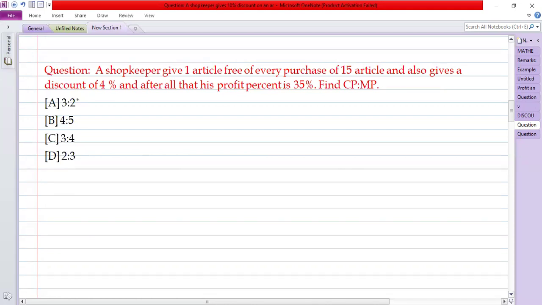So this is one more type, which is a very important type, the type of question which is asked in discount. And if I have to write this question in a single equation, the so-called smart way, I will simply write 15 into MP into 96 by 100, and that will be equal to 16 into CP into 135 by 100.